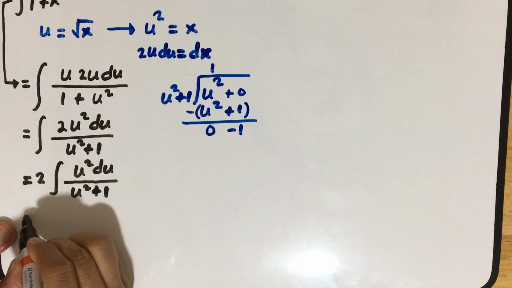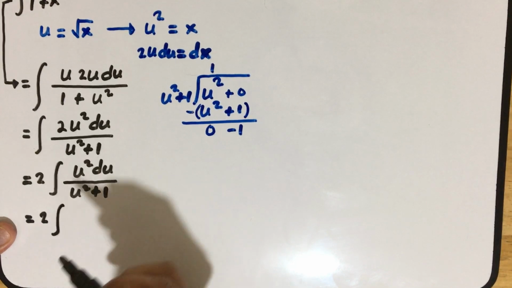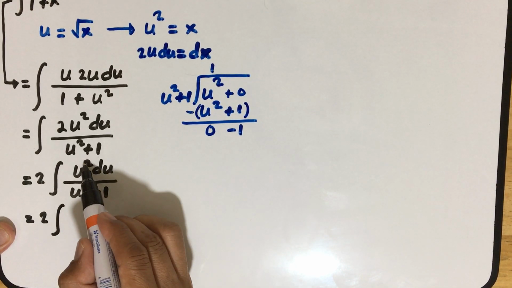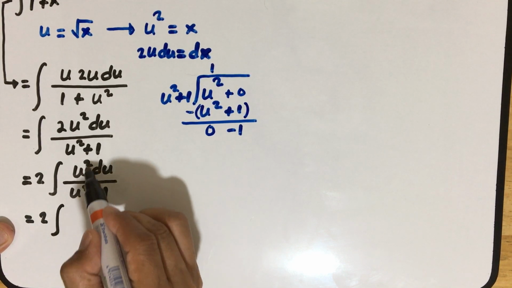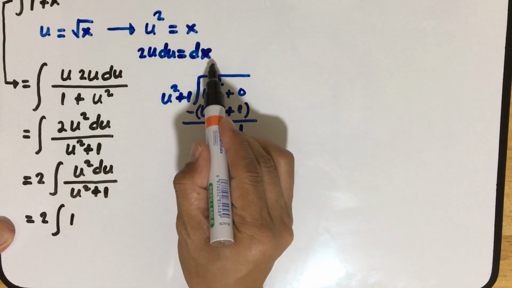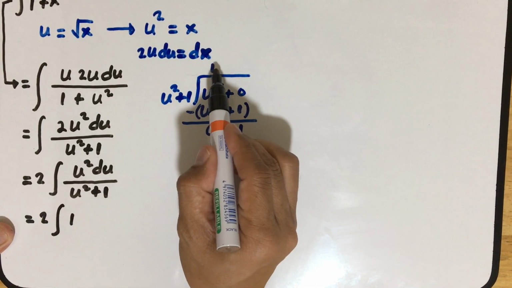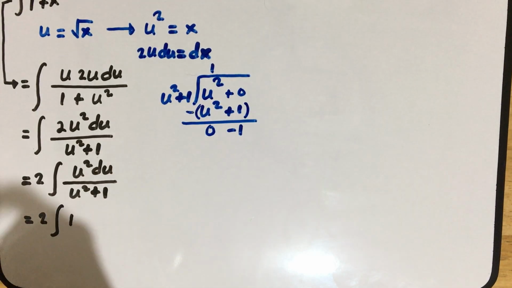So we have 2 times the integral of u squared divided by u squared plus 1. This integrand here becomes 1, which is the quotient here. Then this is minus the remainder, which is negative 1.